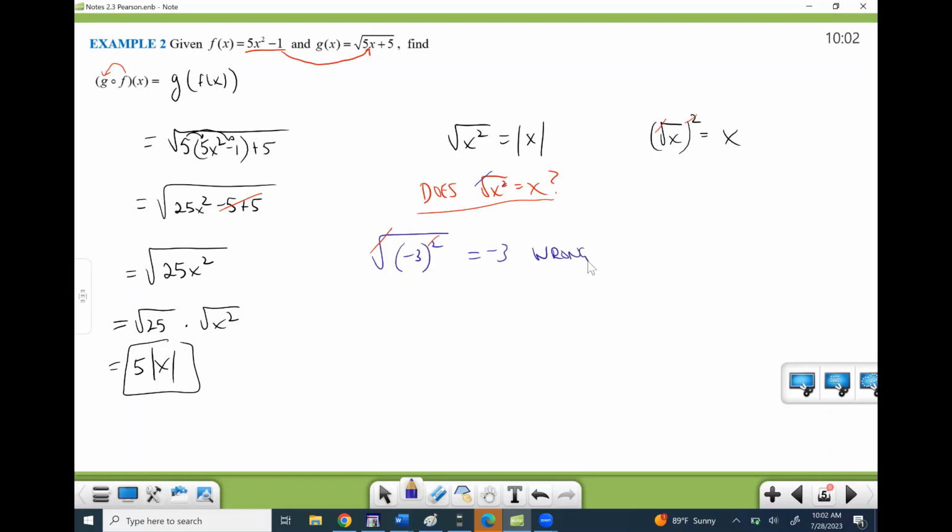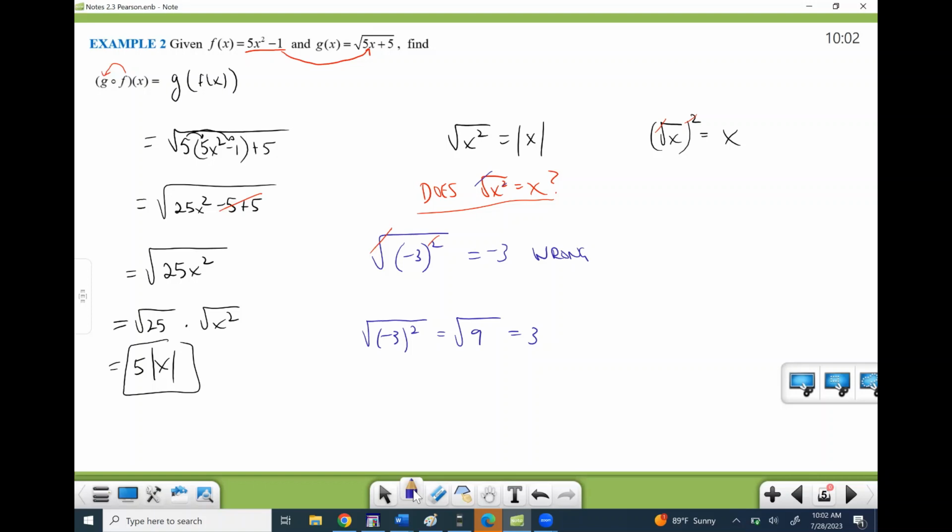Let's do it the long way. So if we were going to do it the long way, -3 squared needs to be done first because the squaring is under the radical. So we had to do this. Well, -3 times -3 is +9, and the square root of 9 is +3. Okay? So it turns out that we would get the wrong answer.